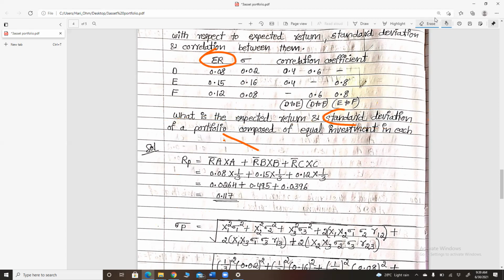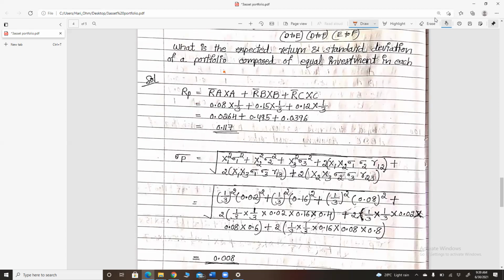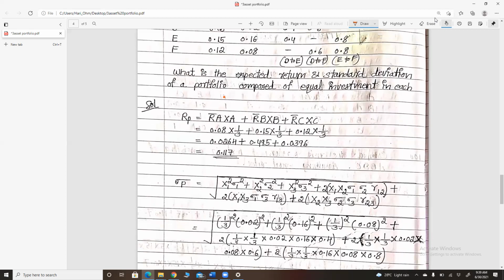Here you need to calculate portfolio return and portfolio risk. First, you need to calculate RP, that is portfolio return. XA, XB, and XC, all 3 are the same, that is 1/3, because equal investment in each, that is equal proportion. Okay, clear? 1/3, 1/3, 1/3.